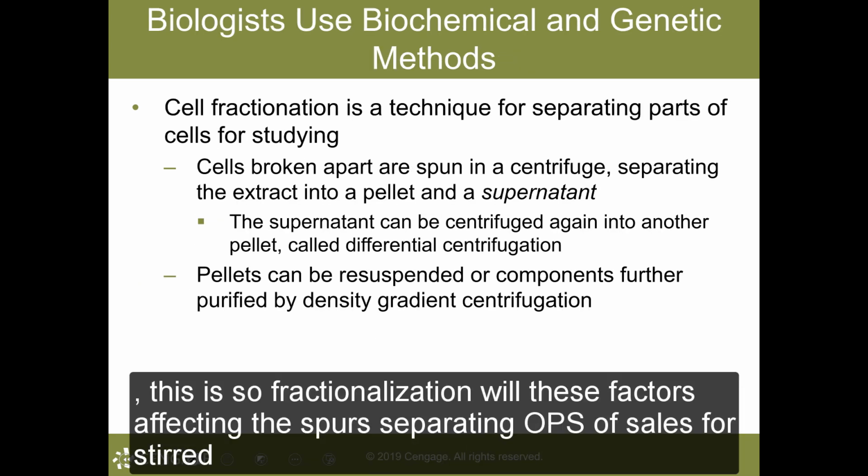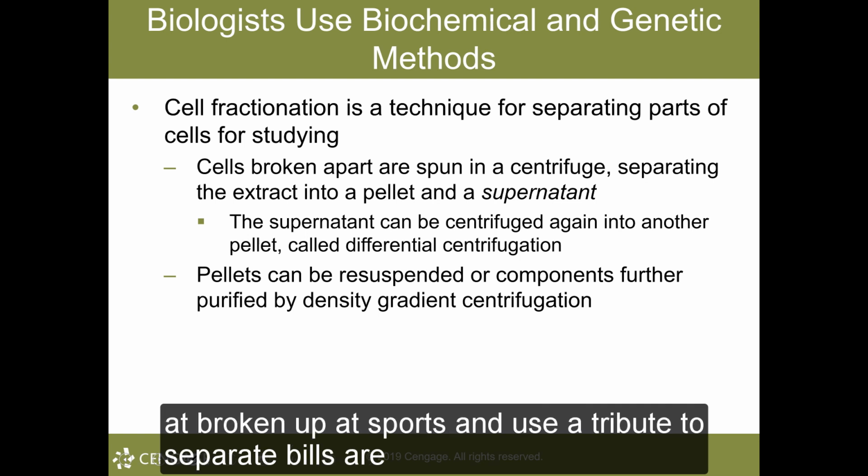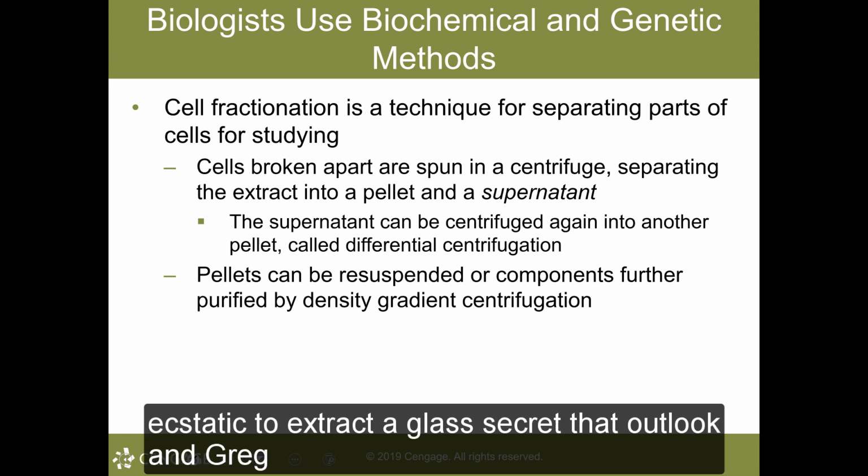Cell fractionation is the technique for separating parts of cells for studying. I won't spend a great deal of time with this, but after you have broken up the parts of that cell, you centrifuge it to separate those parts, into a pellet and the supernatant.